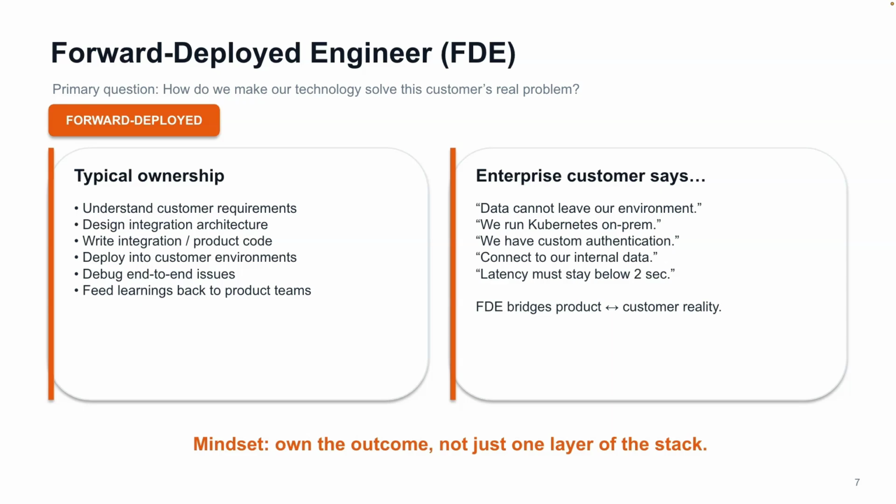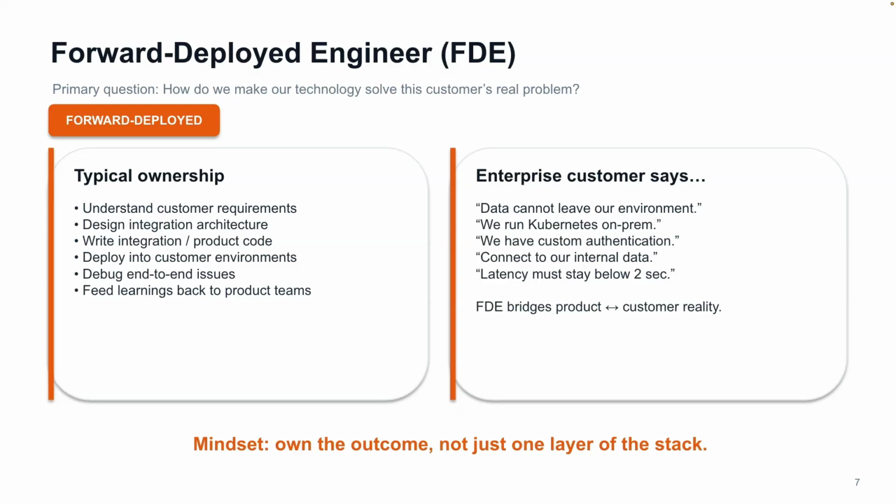That can mean understanding the customer requirements, writing custom integration code, deploying their infrastructure, debugging all the Kubernetes, networking or GPU related issues, and sometimes feeding product requirements back to their own core engineering team.